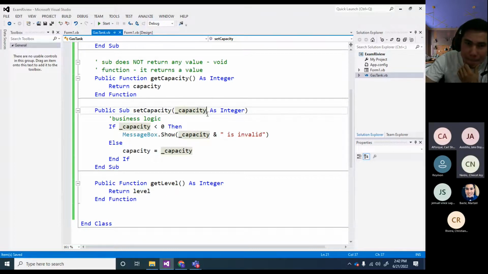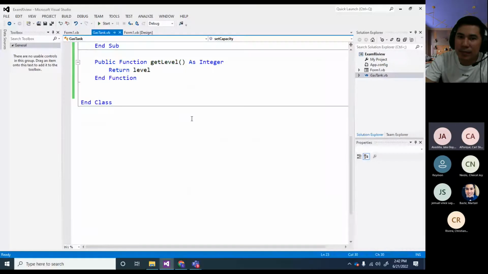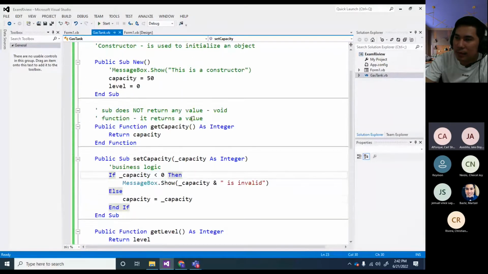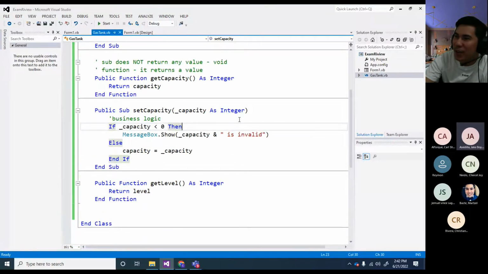Share screen importante, sir. Joke lang, wait lang ha. Ako na lang, re-share na lang ako para check na to. Kita na, sir. Ang uban makita man daw.